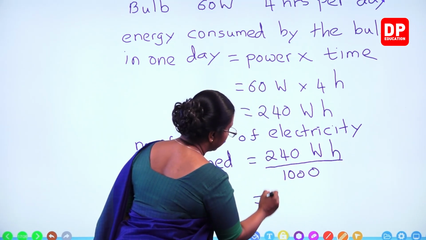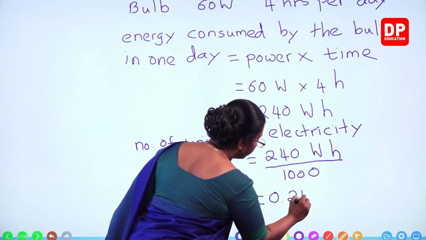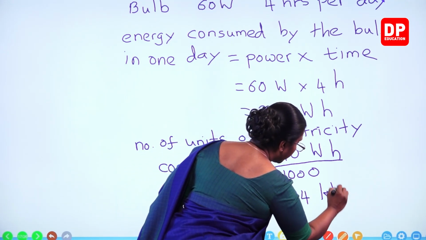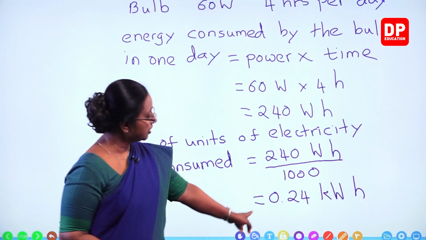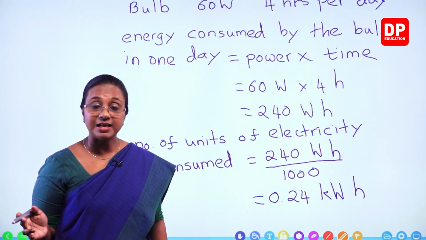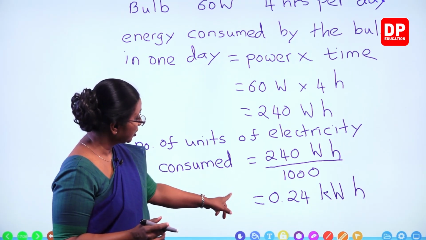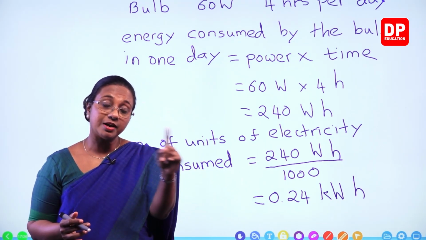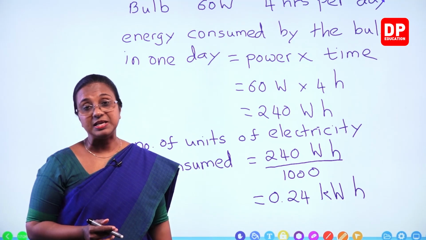So that will be equal to 0.24 kilowatt hours. So 0.24 units. That is the amount of electric energy consumed. So 0.24 units will be recorded in the electricity meter.